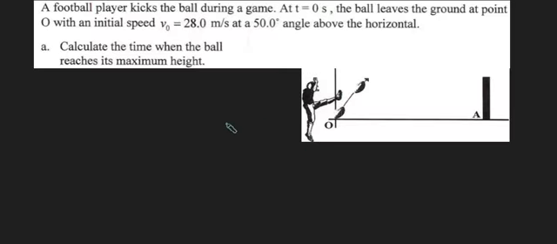This is a problem where a football player kicks a ball during a game. Now t equals 0 represents the initial conditions. Initially, the ball leaves the ground at a point O, which is at this point, with an initial speed of 28 meters per second at an angle of 50 degrees above the horizontal.